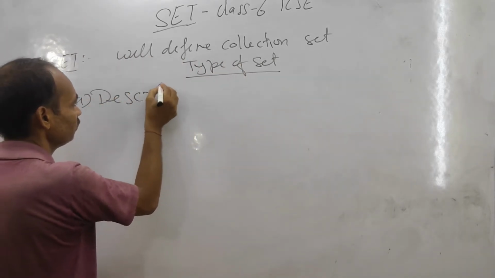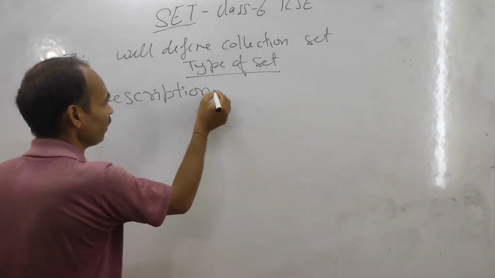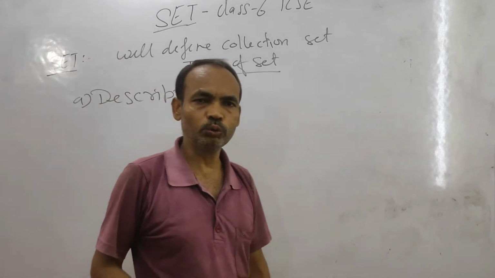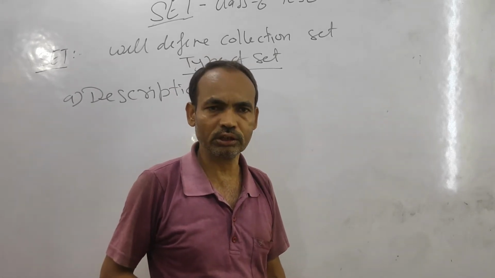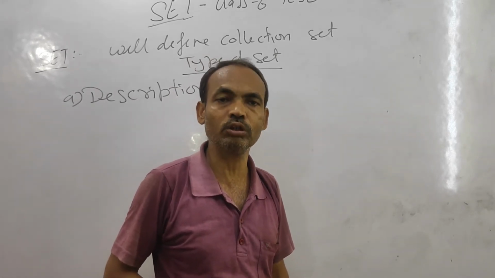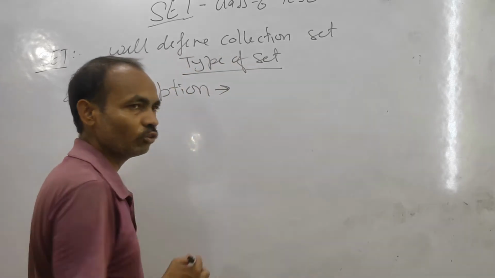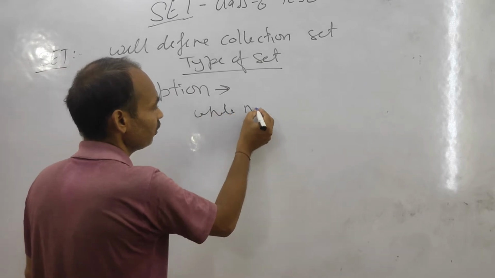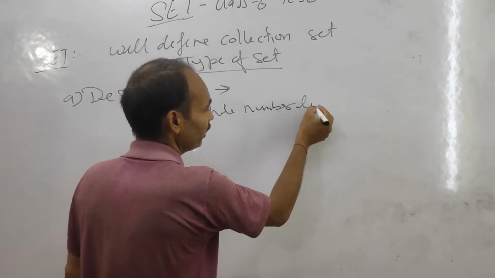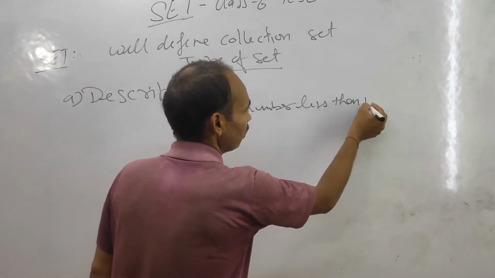Description. In this type of set, you can give a statement about the collection, about the set, about the group, such as whole numbers less than 12.